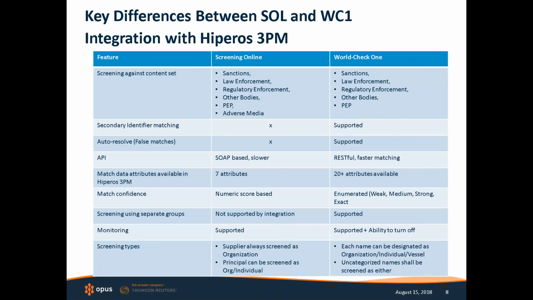I mean, you just get a link back into Thomson Reuters, but we're going to bring back a lot more information now, which will allow you to drive workflow within Hiperos3PM with a lot more information. But the one thing that has changed is that the numeric score that you get back, the match score, has changed. They have gone to an enumerated weak, medium, strong, and exact score. And so that's something that will be taken care of by the migration.